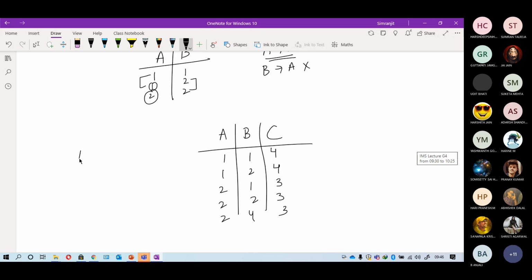There are functional dependencies written like A tends to B, B tends to C, B tends to A, C tends to B, C tends to A, and A tends to C. These are 1, 2, 3, 4, 5, and 6. Just tell me which of the following functional dependencies hold. Take your time. Post it in your chat box if you're comfortable with it.